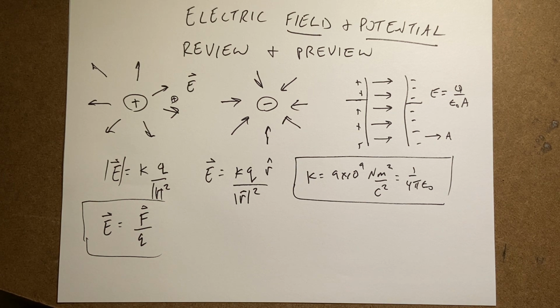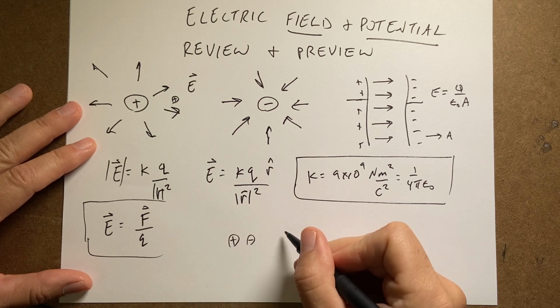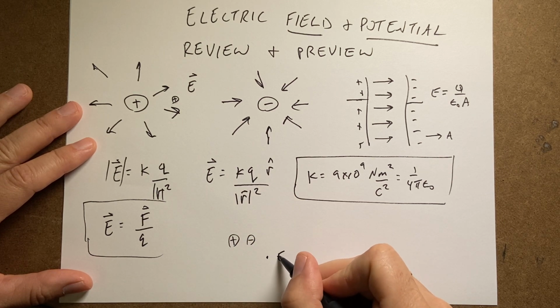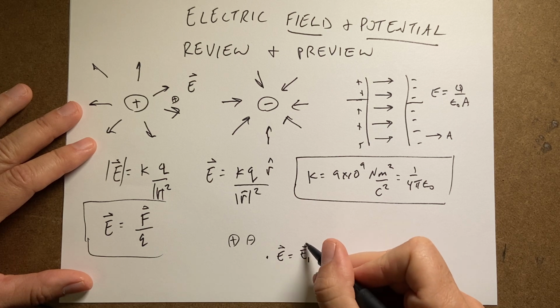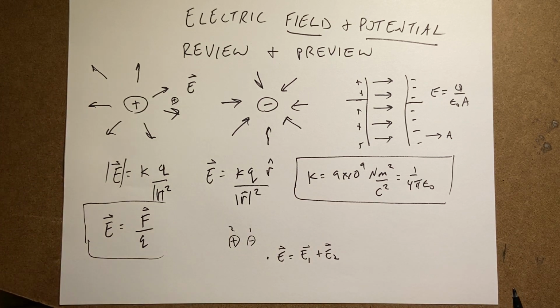Okay, so that's the electric field, and we also did, I guess we should say this, if I have two charges, the electric field E is equal to E1 plus E2, so that we have superposition of electric fields.